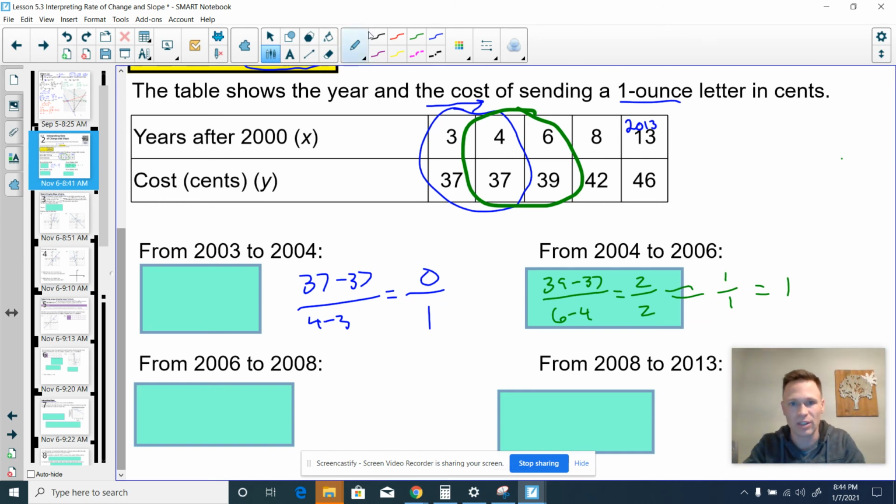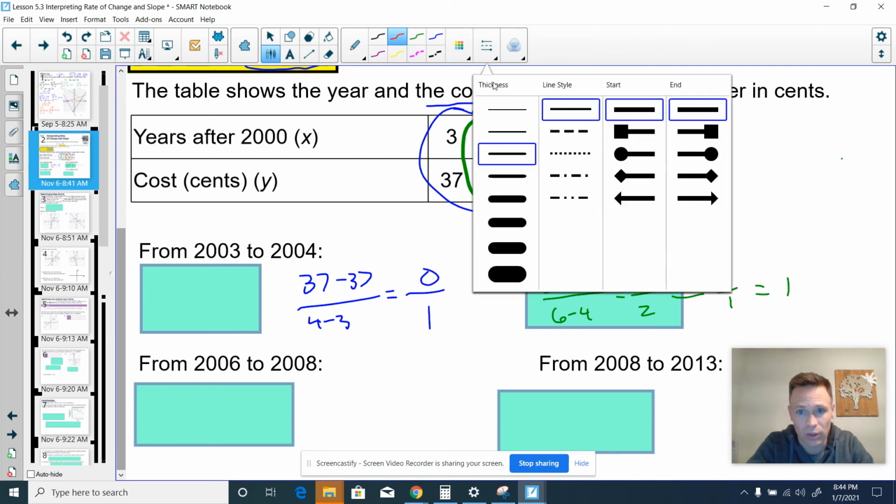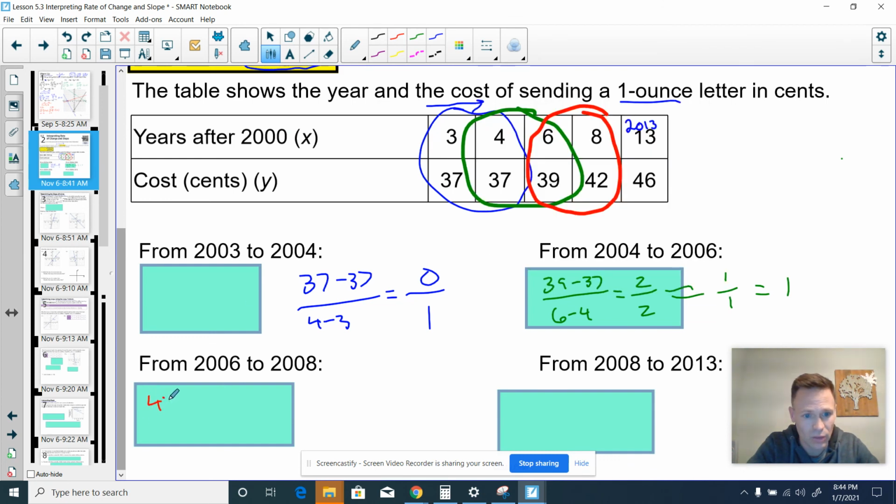For 2006 to 2008, my change in y was 42 minus 39. My change in x is 8 minus 6. 42 minus 39 is 3, and 8 minus 6 is 2. So now I have a 3-cent change over a 2-year period.